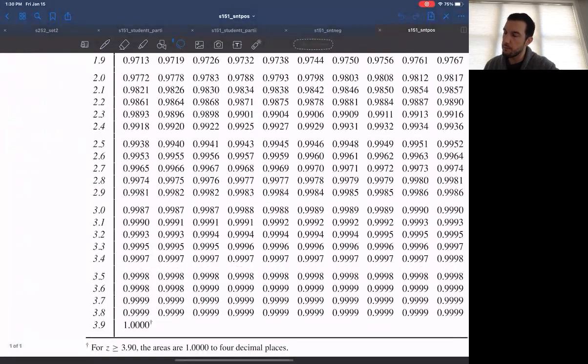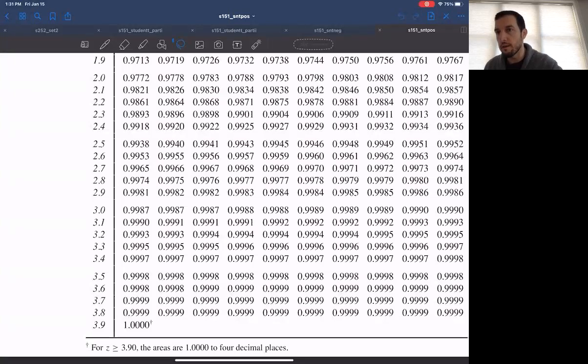Now you'll notice that the maximum value in the standard normal table is 3.9. This note at the bottom says for Z greater than or equal to 3.9, the areas are 1.000 to 4 decimal places.